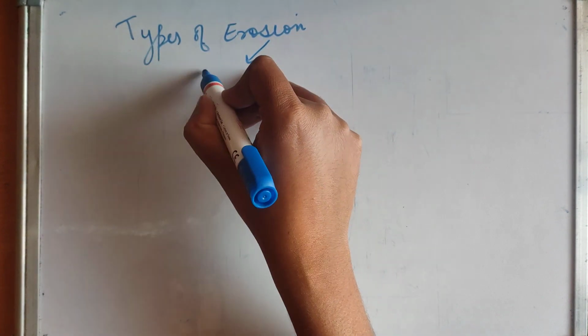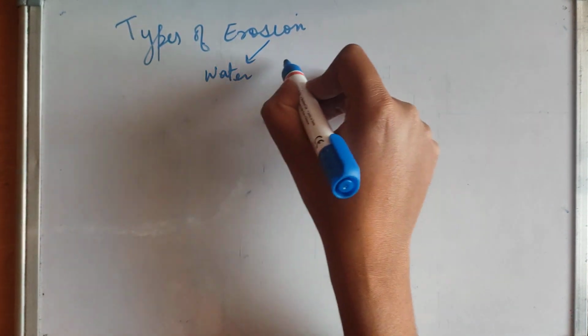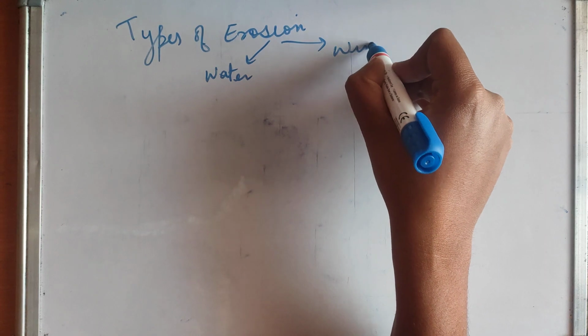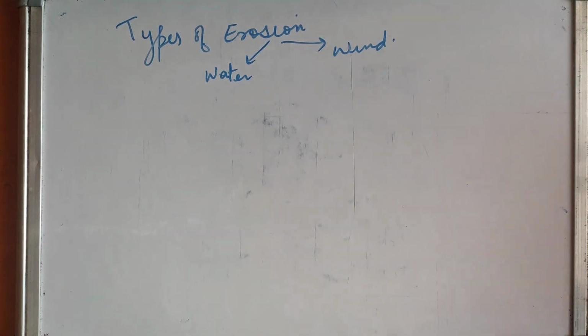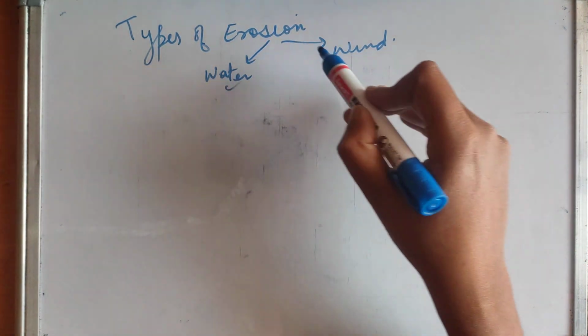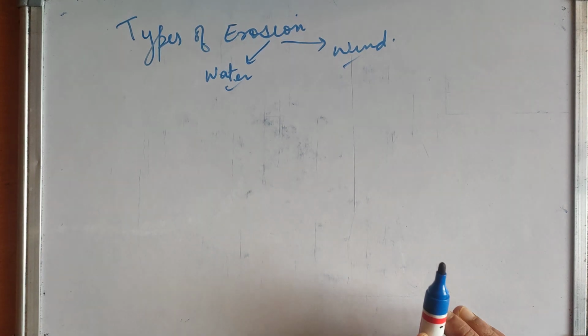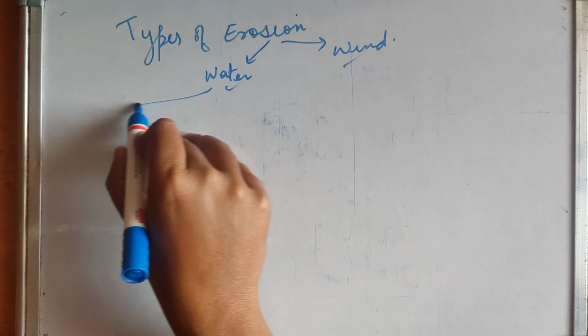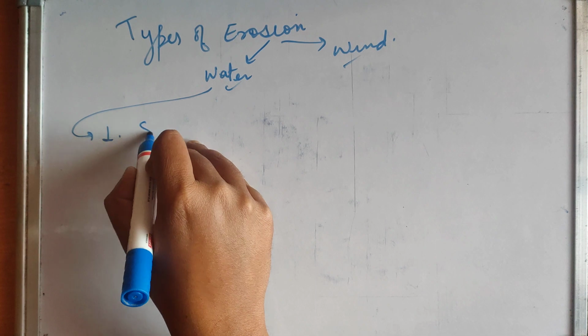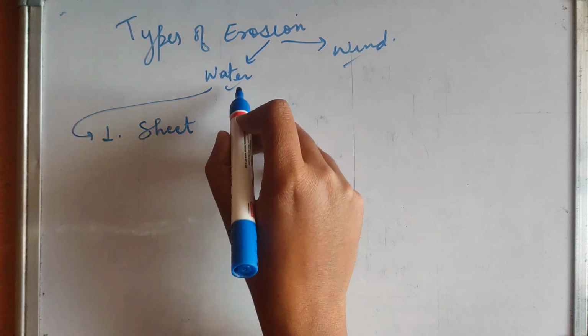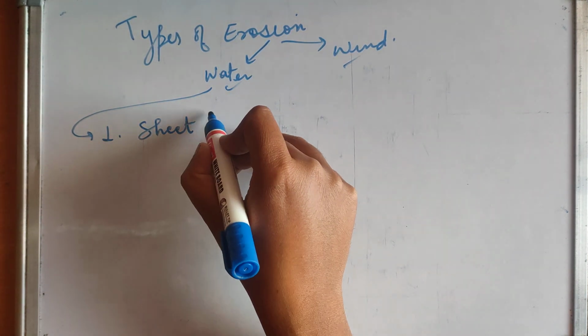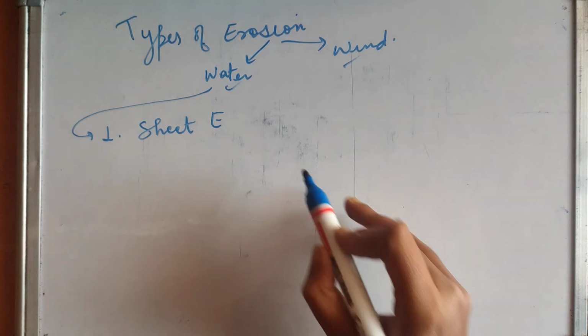We have two types of erosion, water erosion and wind erosion. Today we are going to discuss both, but first of all we are going to discuss water erosion. In water erosion, first is sheet erosion. It is of three types: sheet, rill and gully. So what is sheet erosion?